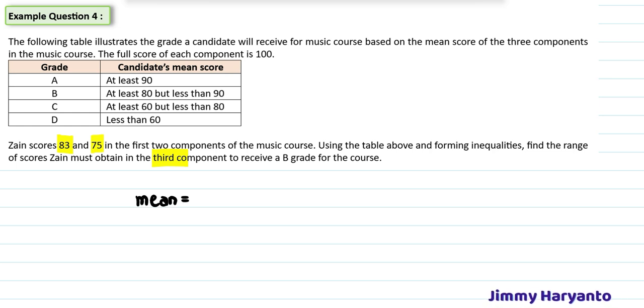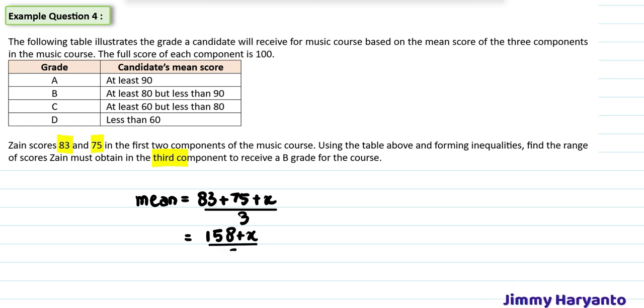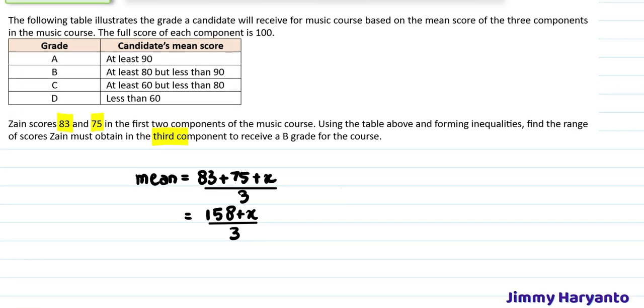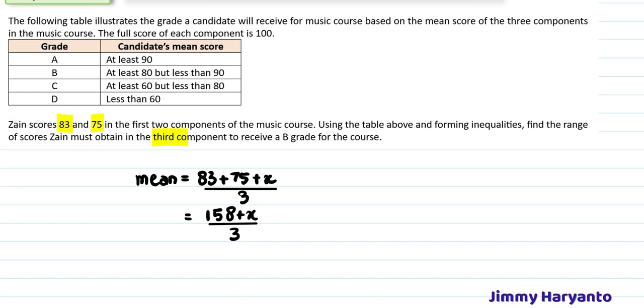The mean will be 83 plus 75 plus the third one, we don't know yet, divided by 3, because there are 3 scores. Simplifying, I will have 158 plus x divided by 3. We cannot do anything else for this one.